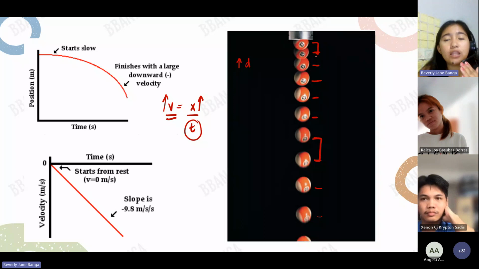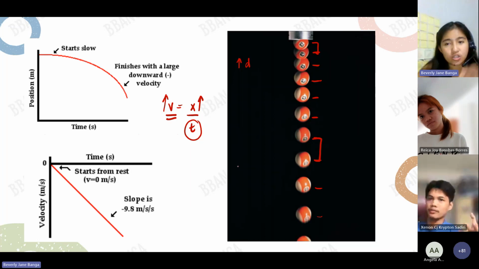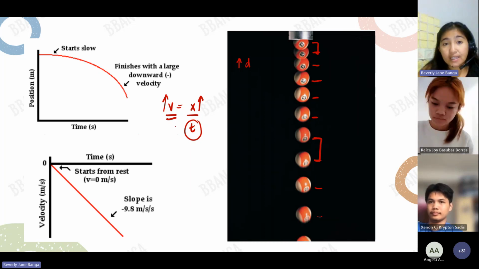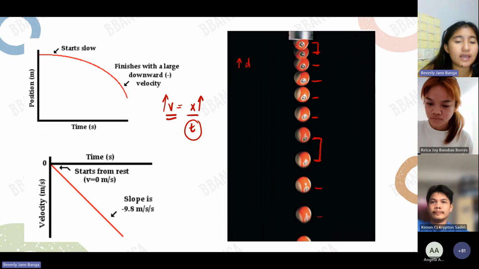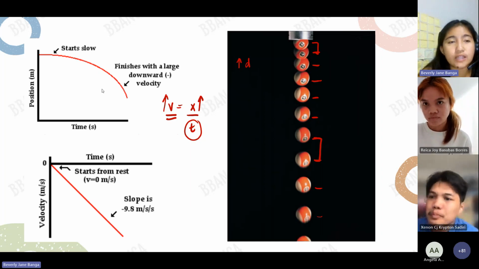So makikita natin dito that as the object moves downward, as the gap increases in between each interval, tumataas yung speed ng object natin. So, ito yung nare-represent dito sa graph na to, class. Ito yung graph ng free fall natin.